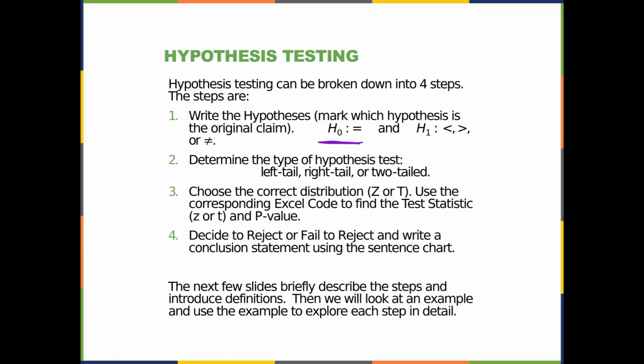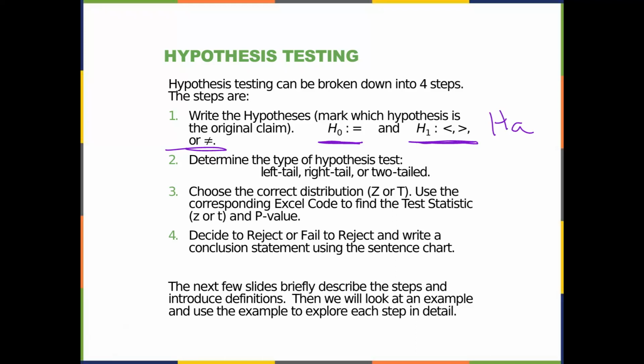Then you're going to have your alternative hypothesis, which the notation is here. It can also be written as sub A. You'll see some notations have sub A. And that is written as either less than, greater than, or not equal to.